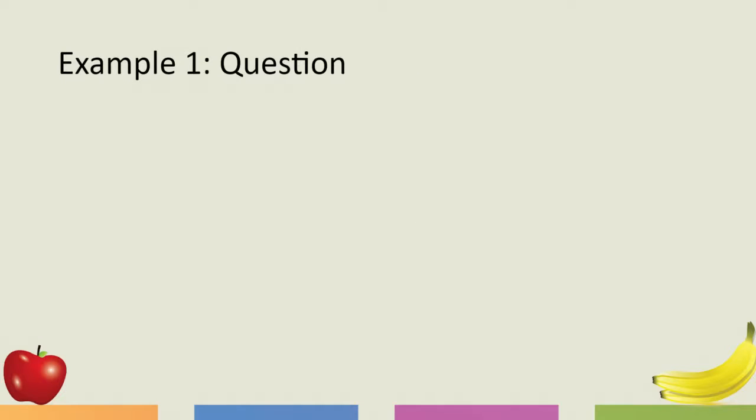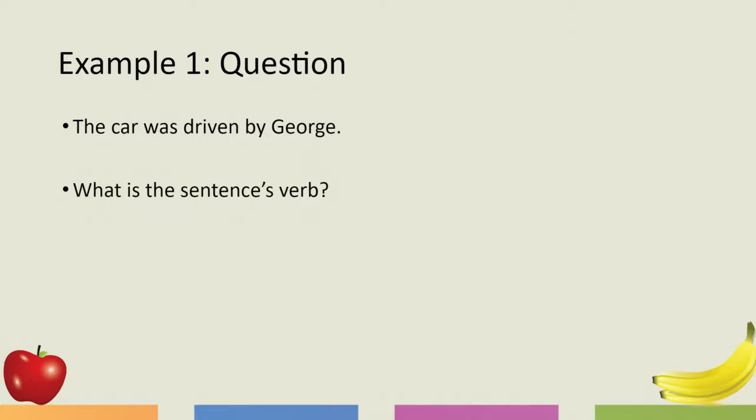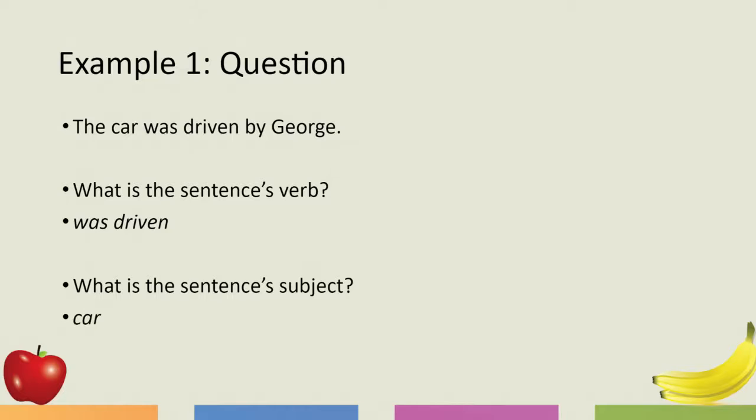So example 1. The car was driven by George. What's this sentence's verb? Well, I'm going to have to say that's probably was driven. What's the subject? So who or what is this sentence about? The car. The car was driven. Okay.